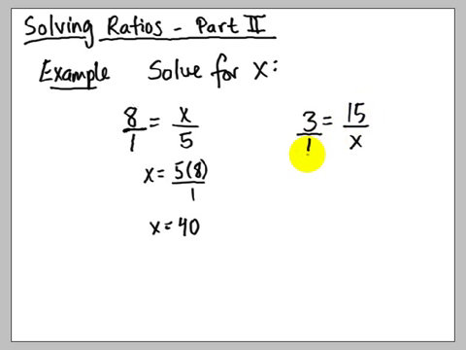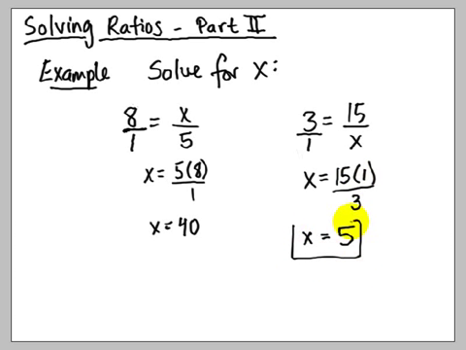So we're going to multiply these two and then divide by the other one. So x is 15 times 1 divided by 3. And multiplying by 1 doesn't change anything, right? So 15 times 1 is just 15. And 15 divided by 3 is 5, like we said. Okay.